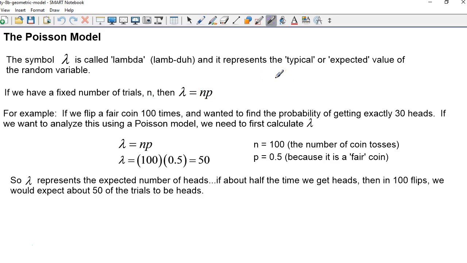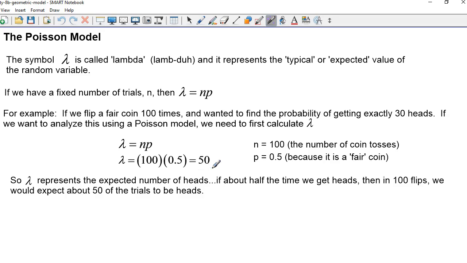It's the number of trials times the probability of success. So let's examine that in more detail. If we flip a fair coin 100 times and we want to find the probability of getting exactly 30 heads, to analyze this using a Poisson model, we would first need to calculate this lambda value. Lambda would be the expected number of heads. So if I take the 100 coin tosses times 50%, then lambda would be 50, because we would usually expect around 50 heads to appear with a fair coin.